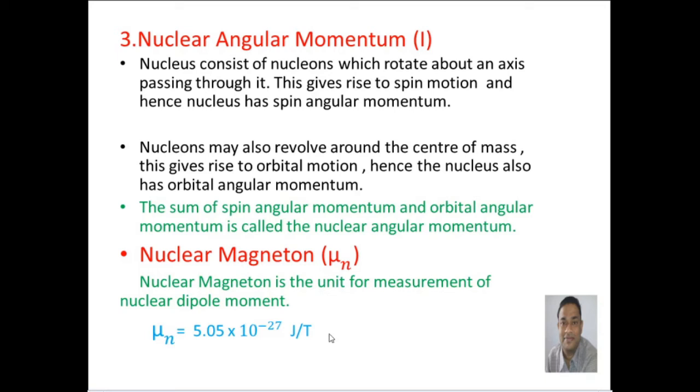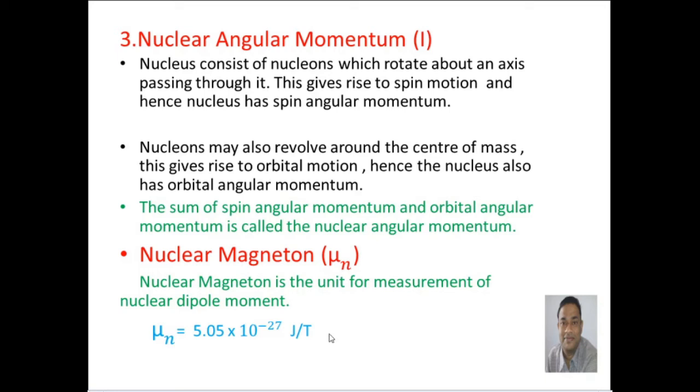The nucleons may also revolve around a center of mass. This gives rise to orbital motion of the nucleons, and hence they also have orbital angular momentum. The sum of spin angular momentum and orbital angular momentum is called the nuclear angular momentum.